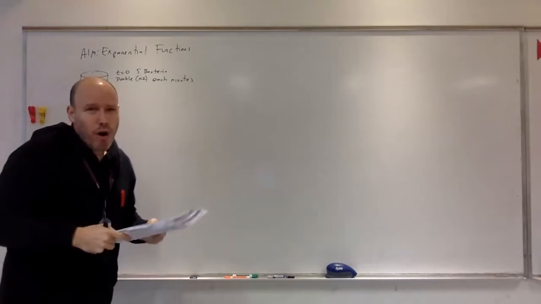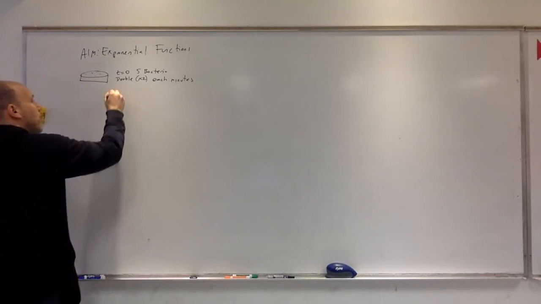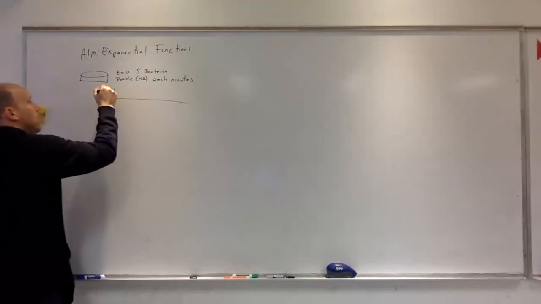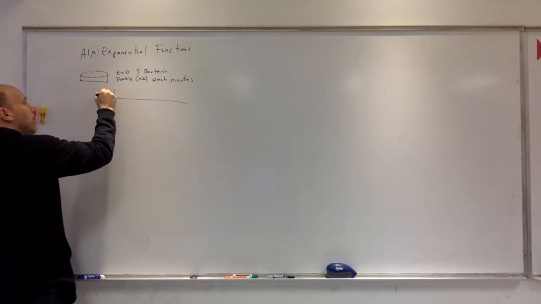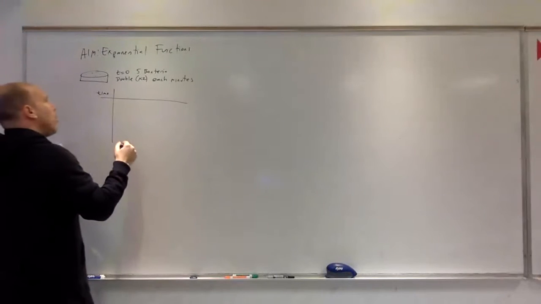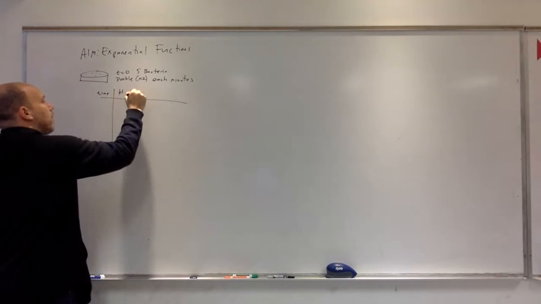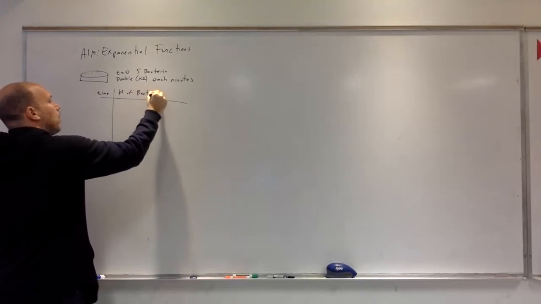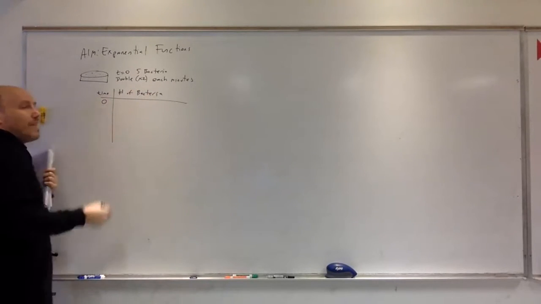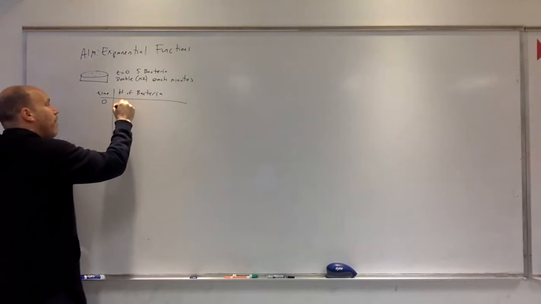And so let's make a chart. Let's make a chart here, right? So this is going to be time. And so number of bacteria. And so at time 0, the initial time, we have 5 bacteria.